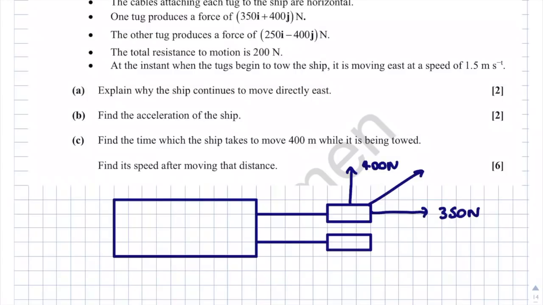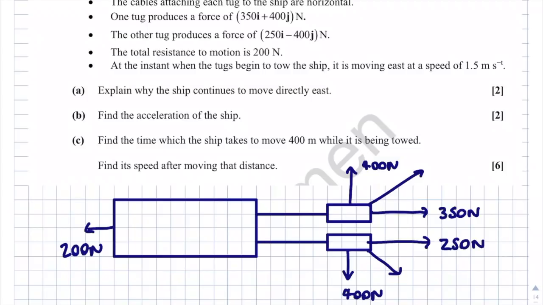The second tug has 250 newtons acting east, and then 400 newtons acting south. We're told that the total resistance to motion is 200 newtons, so I can draw that here. And then we're told at the instant when the tugs begin to tow the ship, it is moving east at a speed of 1.5 meters per second. We don't need that for the first part of the question.